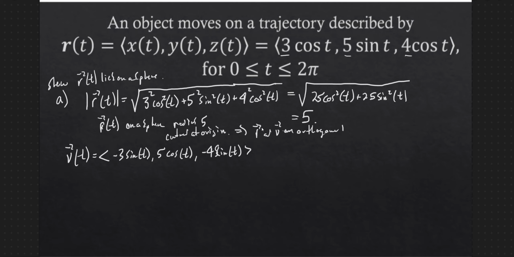To observe that r and v are orthogonal, we can take their dot product, r dot v. So this is going to be x multiplied by x, which is minus 9 cosine t sine t, plus 25 sine t cosine t.